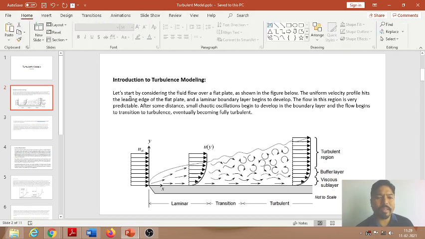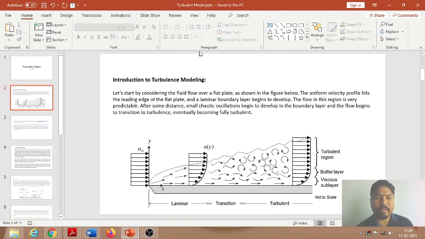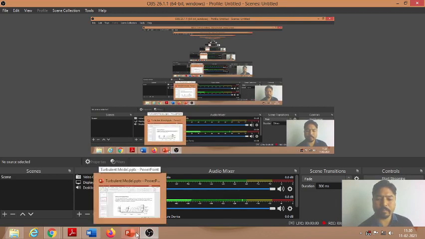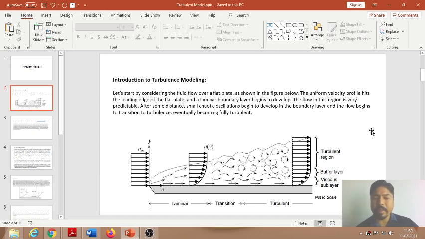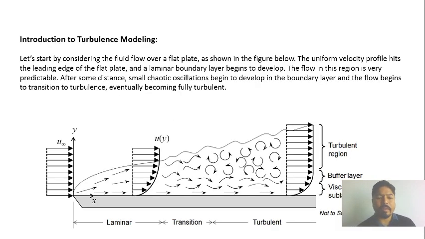My dear students, you can see in this figure how a velocity profile develops over a flat plate or flat surface.